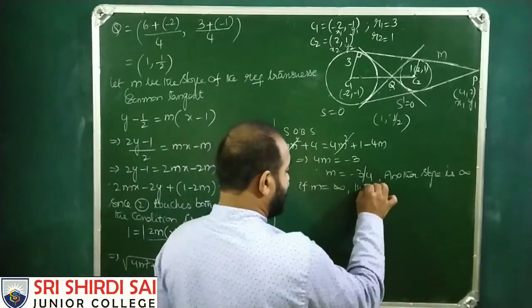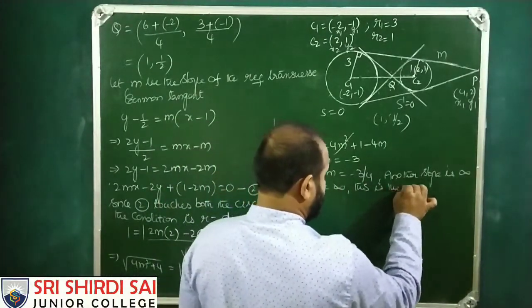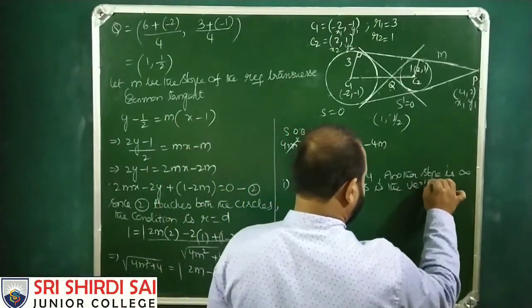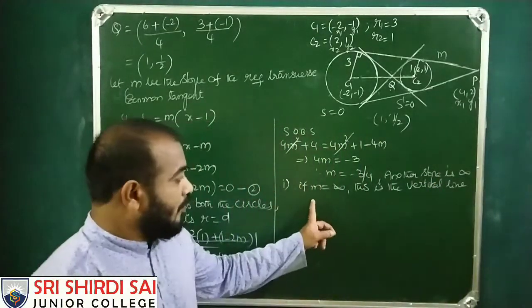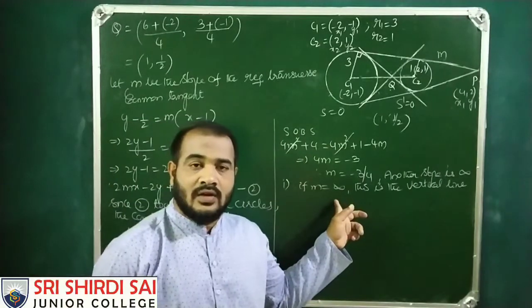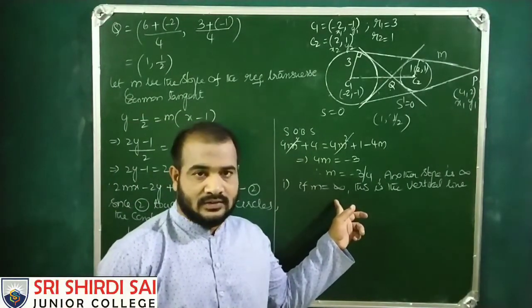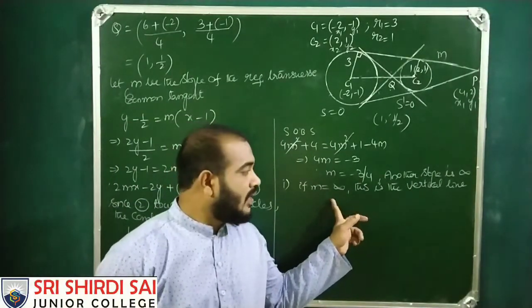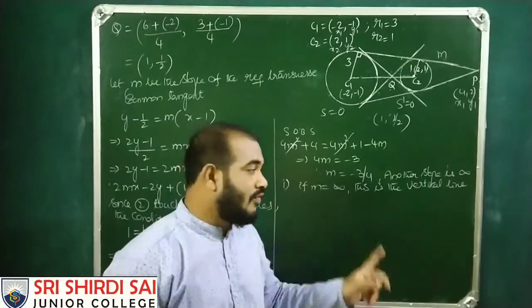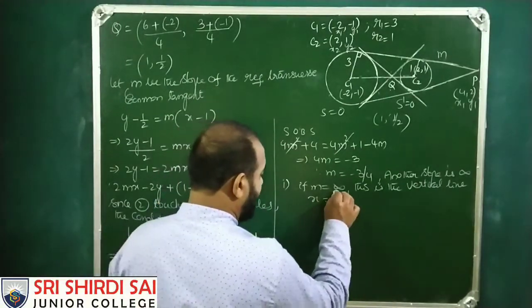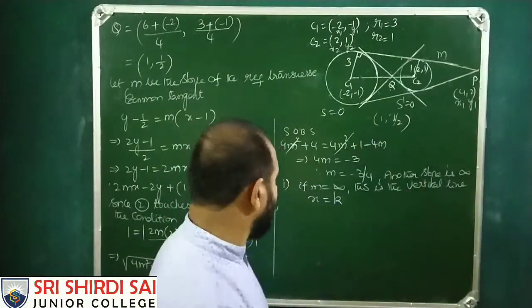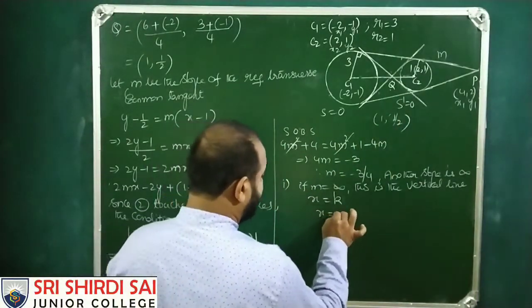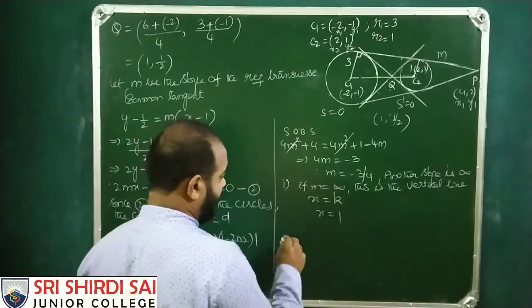Slope equal to infinity is the y-axis or a vertical line. So any vertical line is of the form x equals k. So this is passing through 1 comma 1 by 2. Therefore x equals 1 is one of the lines.